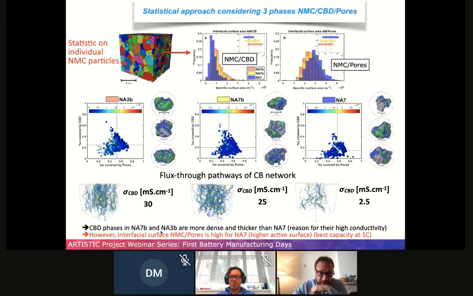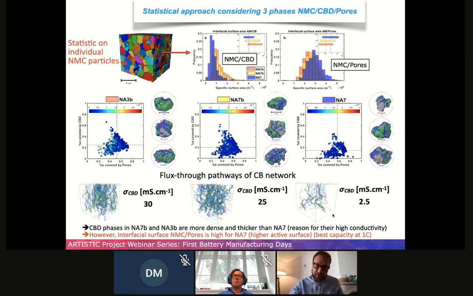However, for the 3rd case, the surface of the pores on NMC is higher, which can also impact the electrochemical properties. This is exactly what we observe, because at 1C, the best capacity we observe is for this case. So here we see that it's a kind of good balance.